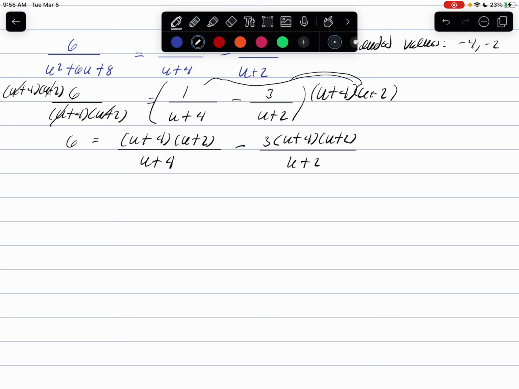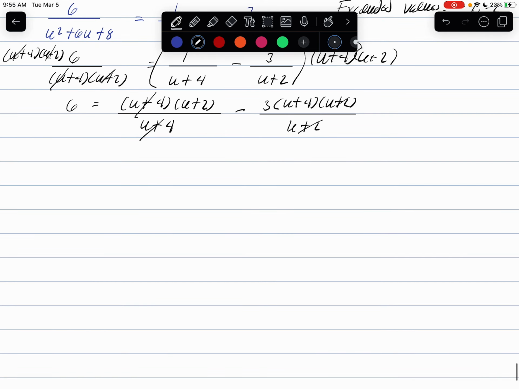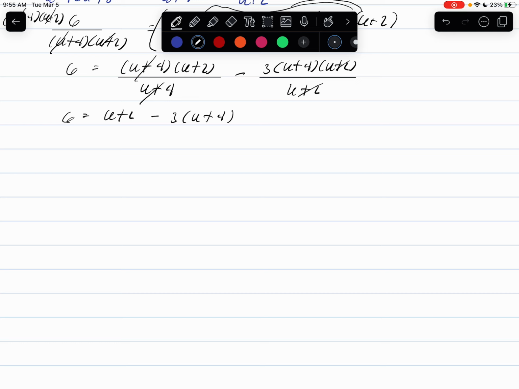Okay. So let's cancel the u plus 4s, and we have u plus 2 here. So we're left with 6 is equal to u plus 2 minus 3 times u plus 4. All right. And then that's going to give us 6 is equal to u plus 2 minus 3u minus 12.